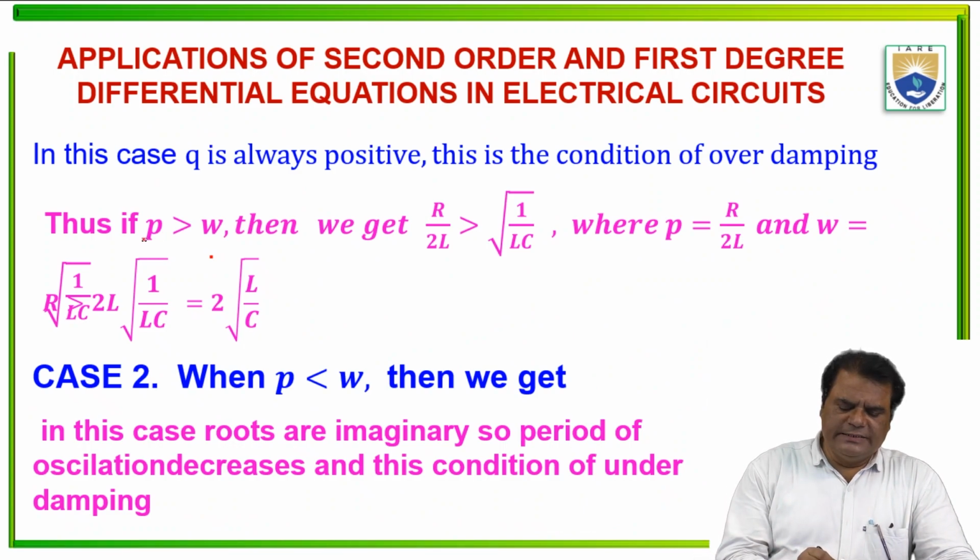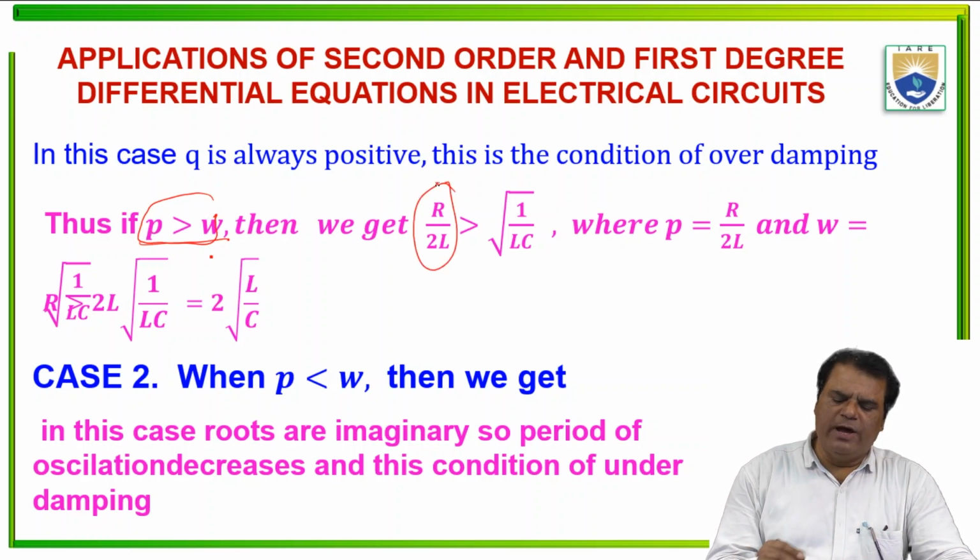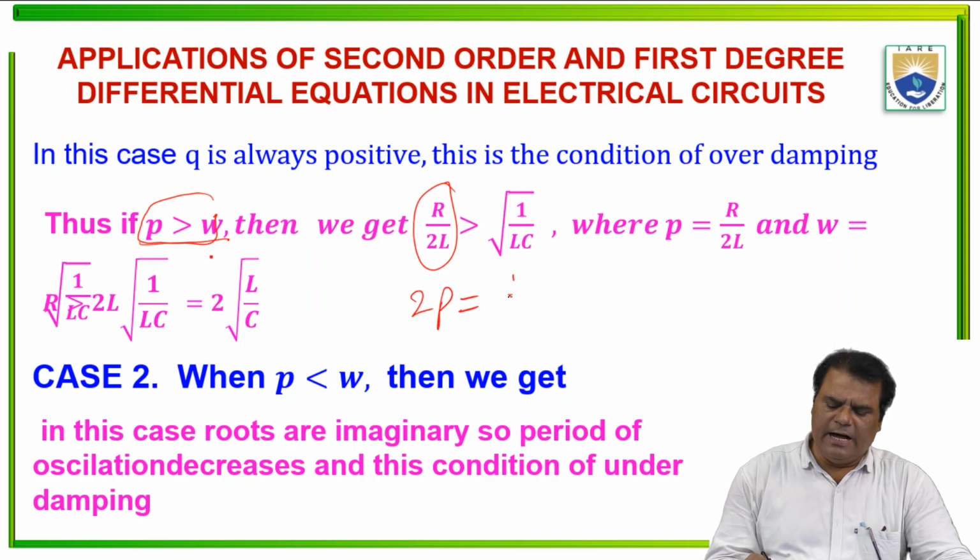So here we consider the condition P is greater than W. But what is the value of P? In the last slides we took 2P is R by L, so P is R upon 2L.